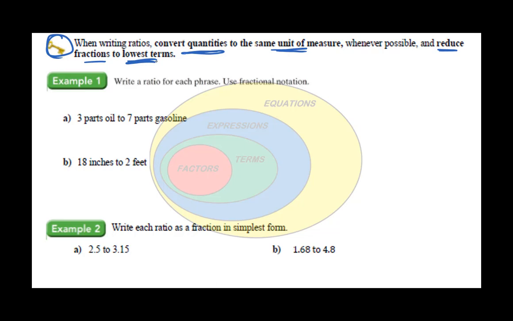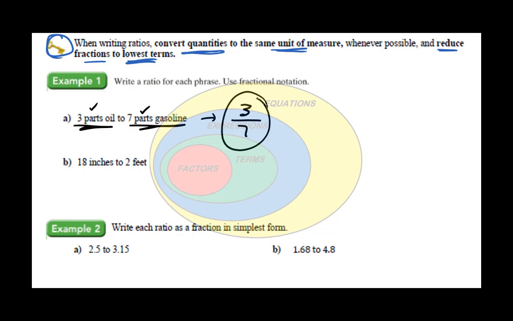So this first problem, I'm comparing 3 parts oil to 7 parts gasoline. The parts are the units, whatever you assign to it, so they're the same units. This ratio would just be 3 to 7.